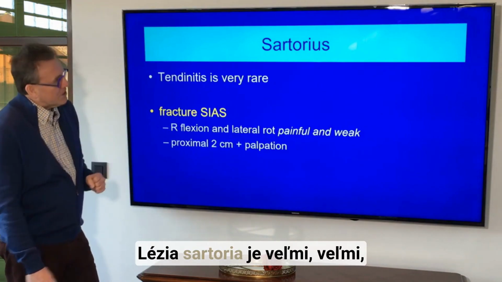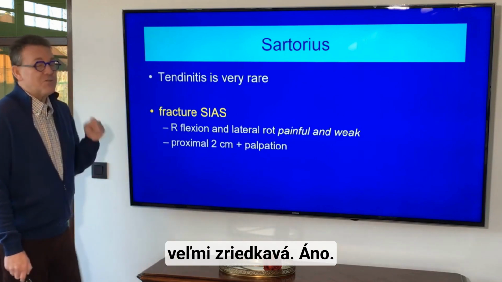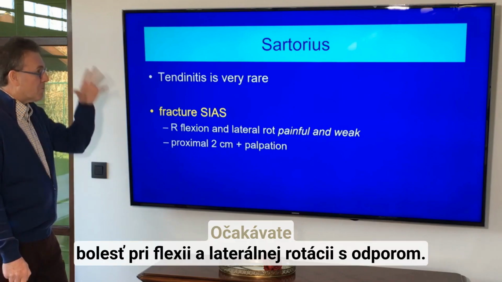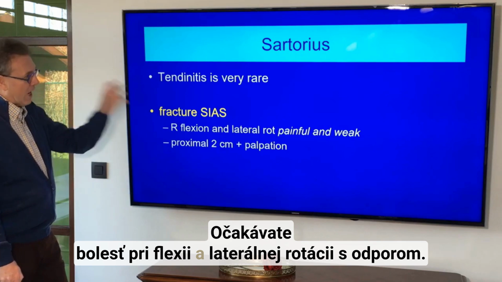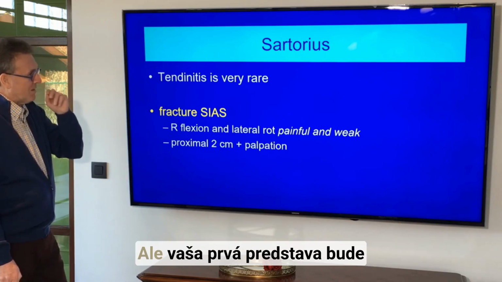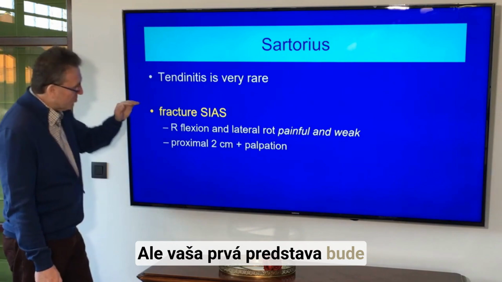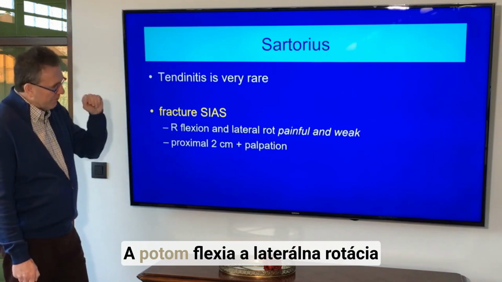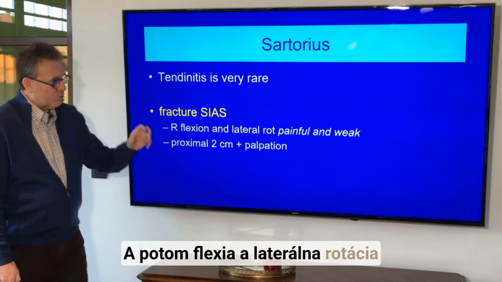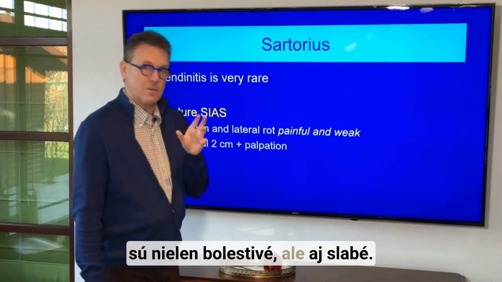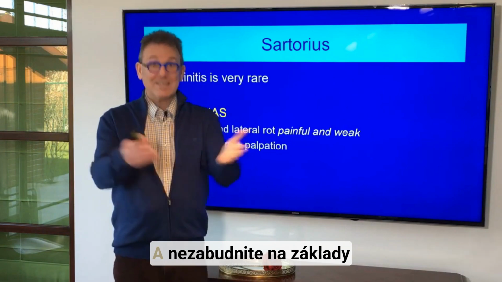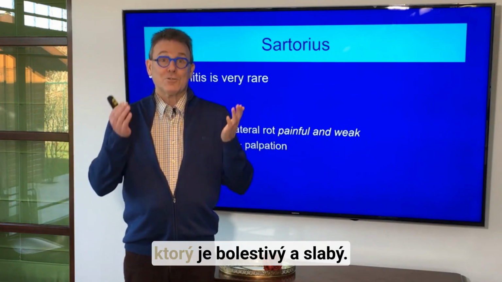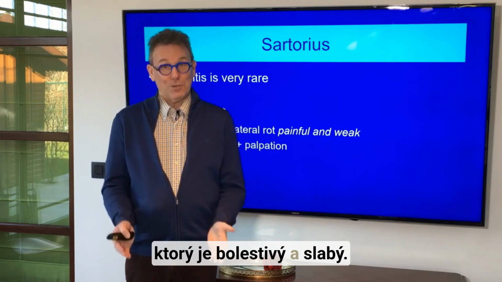A sartorius lesion is very, very rare. Yeah? You expect pain on resisted flexion and lateral rotation, but your first idea is going to be a fracture of the spina iliaca anterior superior. And then flexion and lateral rotation are not only painful, the resisted test, but also weak. And remember the basics of orthopedic medicine, a resisted test which is painful and weak.